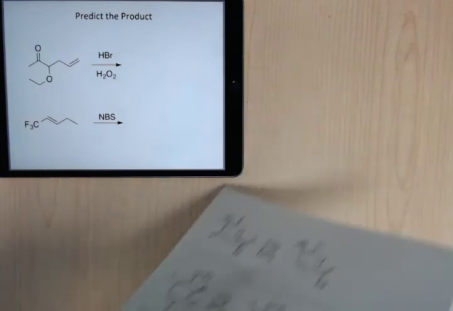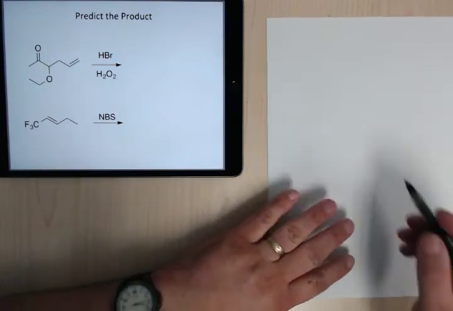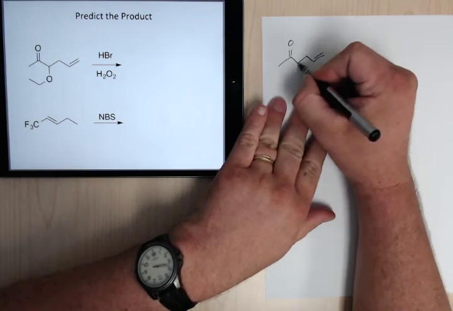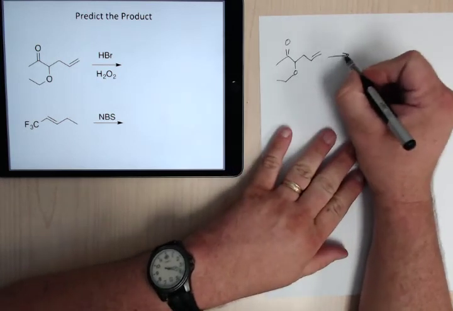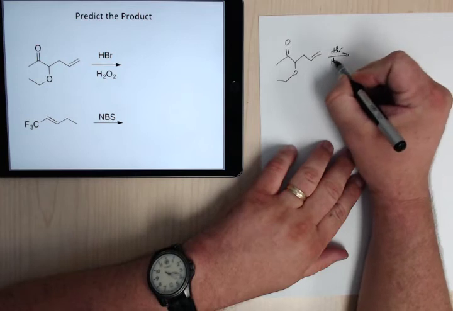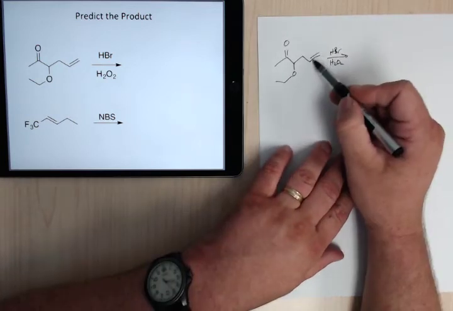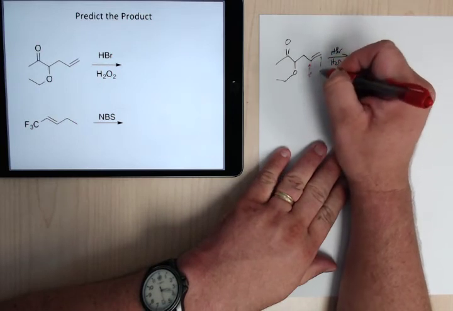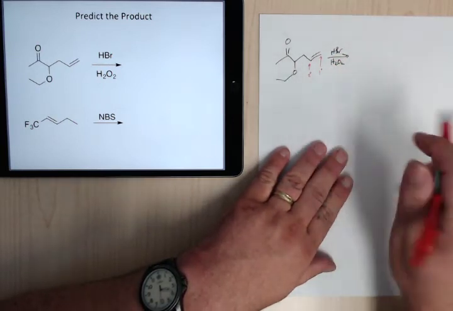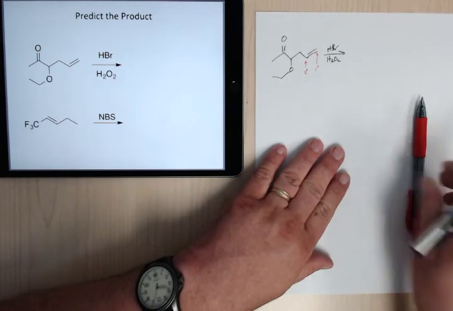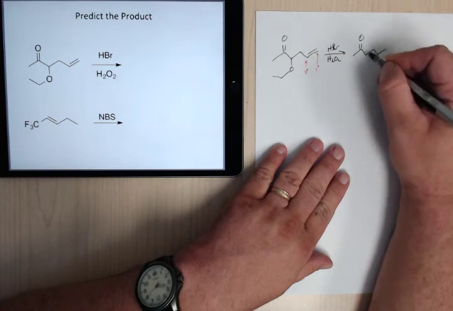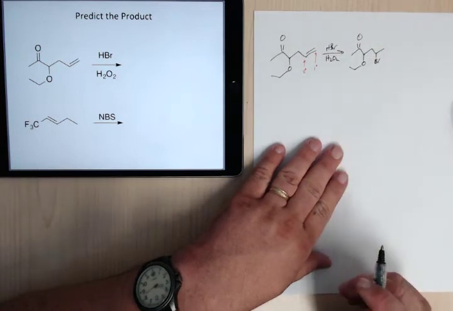So, kick it old school from the last test. If we had HBr, H2O2, we're adding to the double bond here. This is secondary. This is primary. We're doing it with peroxide, so it switches the priority. So you end up with bromine here, a hydrogen going there, like that.